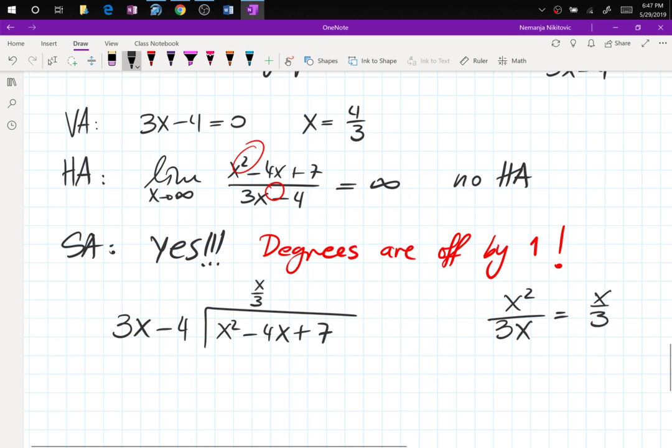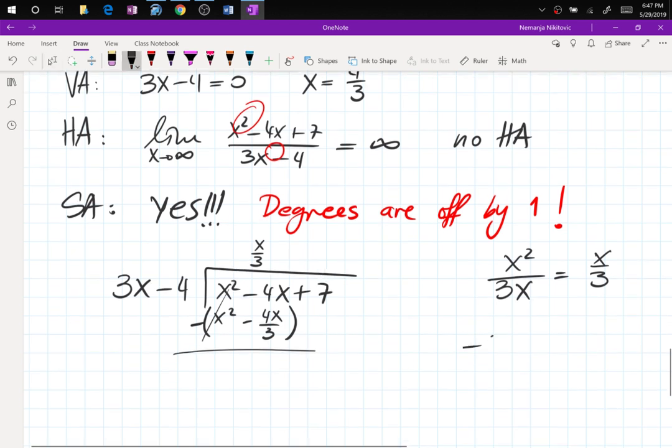So x over 3. When you multiply it back, you get x squared minus 4x over 3, and then you subtract. These cancel, and you now have to work out negative 4x plus 4/3 of x. A little bit annoying, but doable.